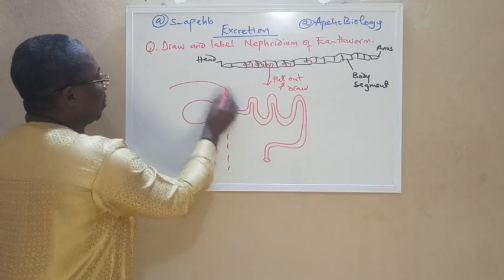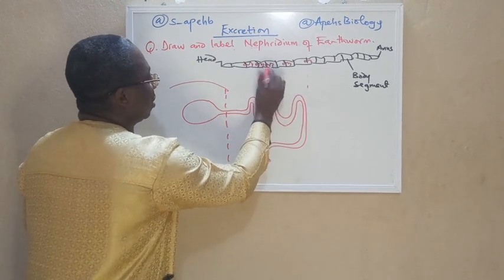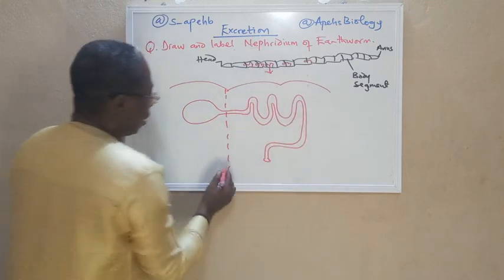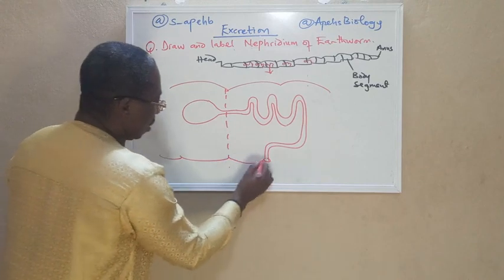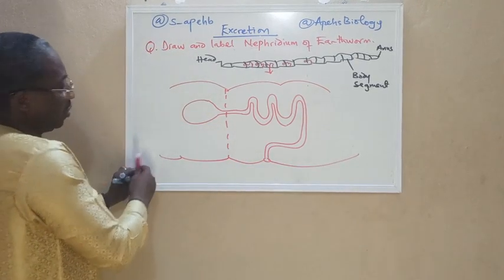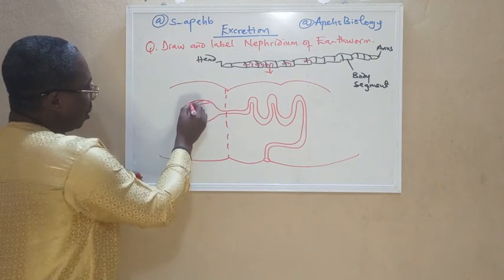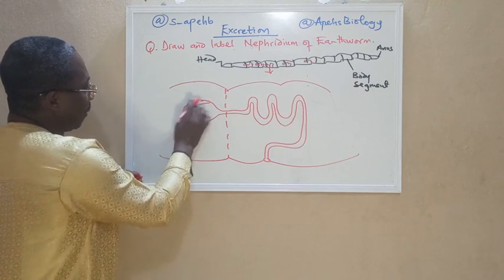This now represents one of the segments. This one, I pulled it out already. As I said, we pulled out, and this one segment goes like that. Then the other segment comes like that. Then you have this. So this structure now is the nephridium. Interestingly, you find some hair-like structures here.